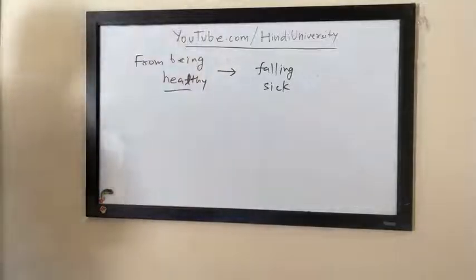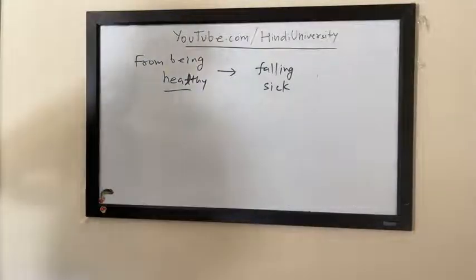So when you have जाना, immediately it tells you there's some action involved. You're moving from one state to another, whereas when you don't have it, you're just saying, this is how it is.